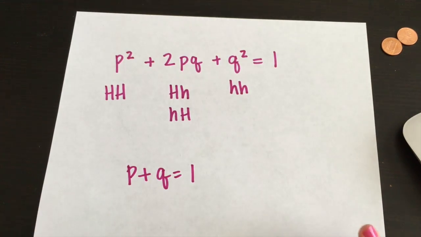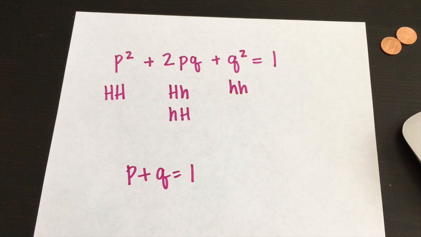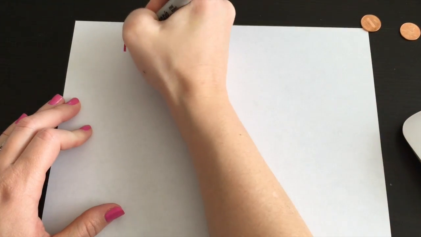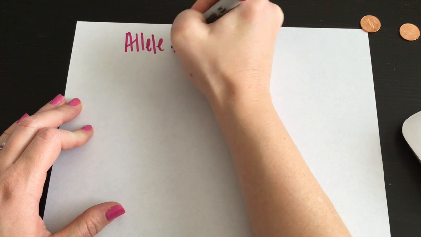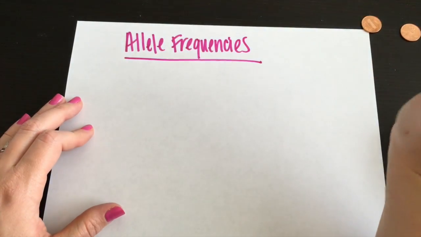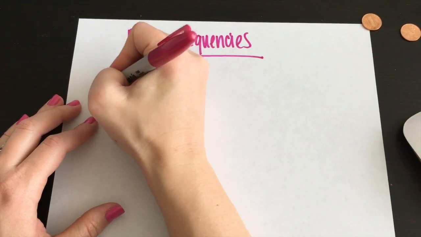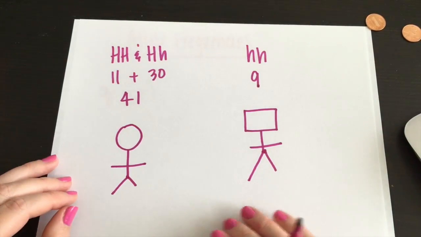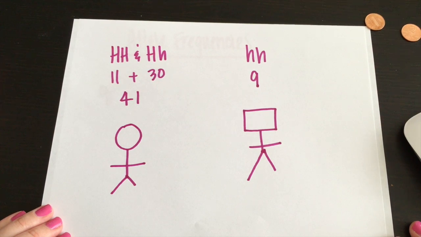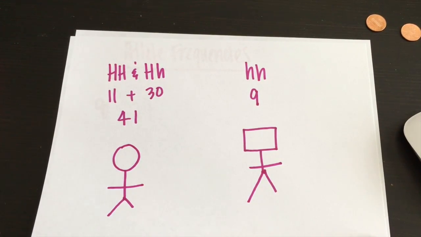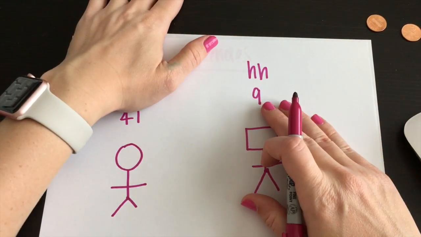All right, so let's find the allele frequencies in our population. Again, let's start with q first. Now, what we know is this. Let's go back to our little diagram. We know this, right? So let's pretend that we do not know any of this information here.